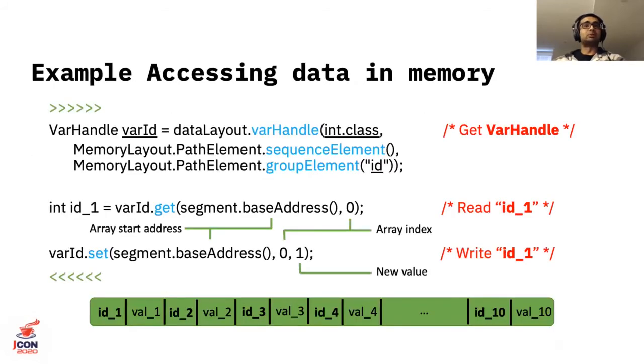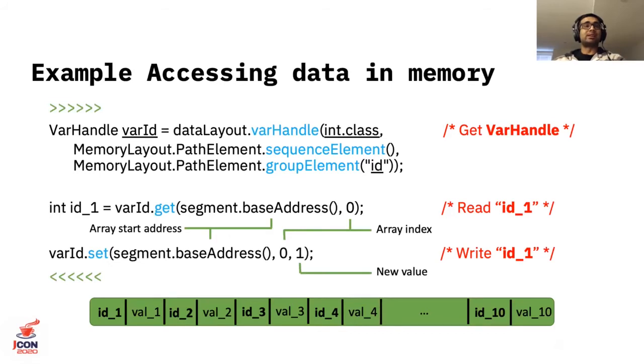So in this example, we are accessing data in memory through the MemoryLayout instance. First, we get the VarHandle from the MemoryLayout instance. In this example, the VarHandle provides access to all the ID fields in the 10-element array.